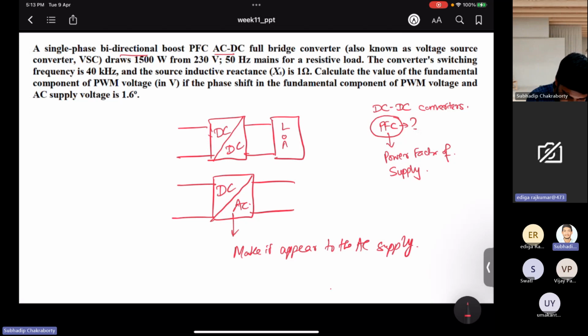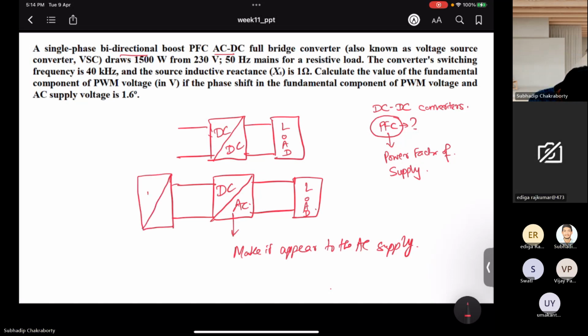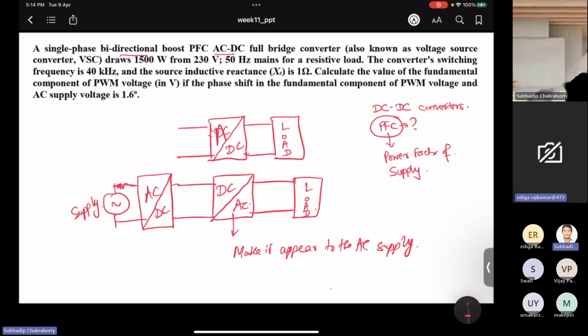Here you have some DC loads or some AC loads connected to this link. But here we have another converter where we have the supply. This is the supply. Or you have some AC to DC converter here, and you have the supply.